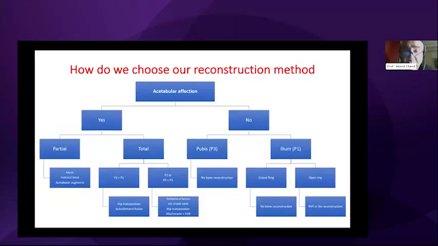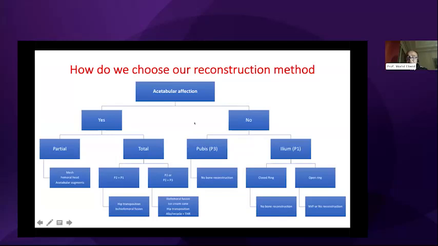So whenever we have an acetabular affection, we ask ourselves, is there any acetabular part that is resected? If yes, then we see if it's a partial or total resection.